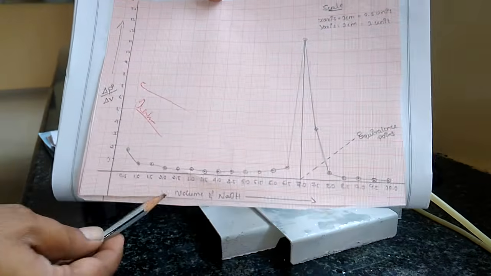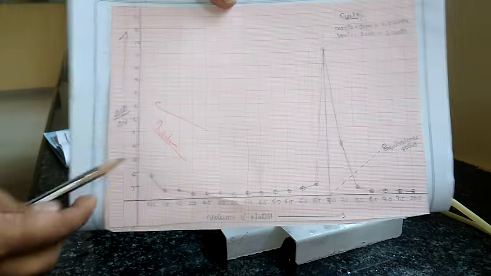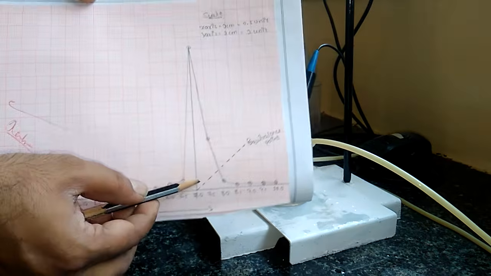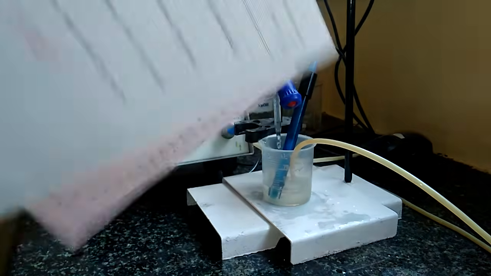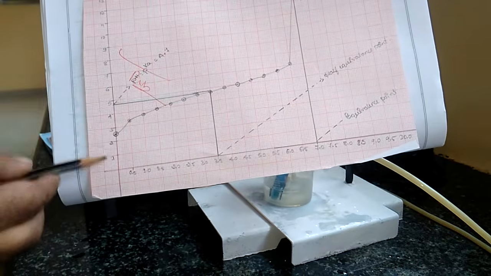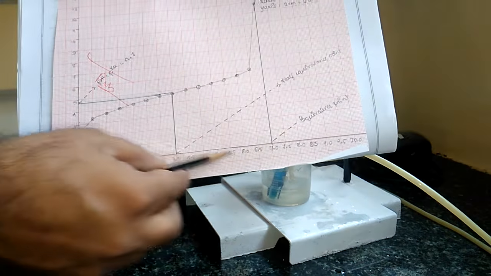If you plot a graph here, the graph will come like this. You can see the nature of the graph for the equivalence point here: volume of NaOH versus delta pH by delta V. At the volume of 7 we are getting the equivalence point. In the second graph, this is the pH value, this is the volume of NaOH.